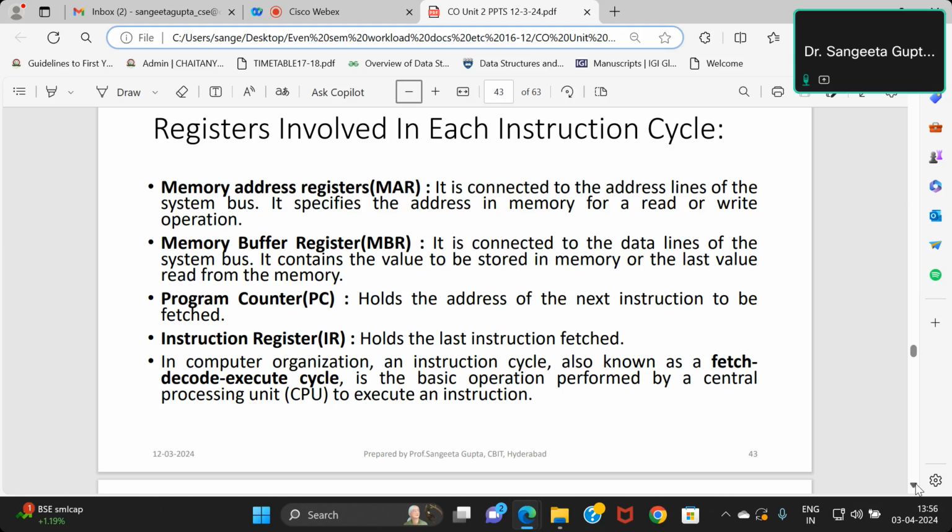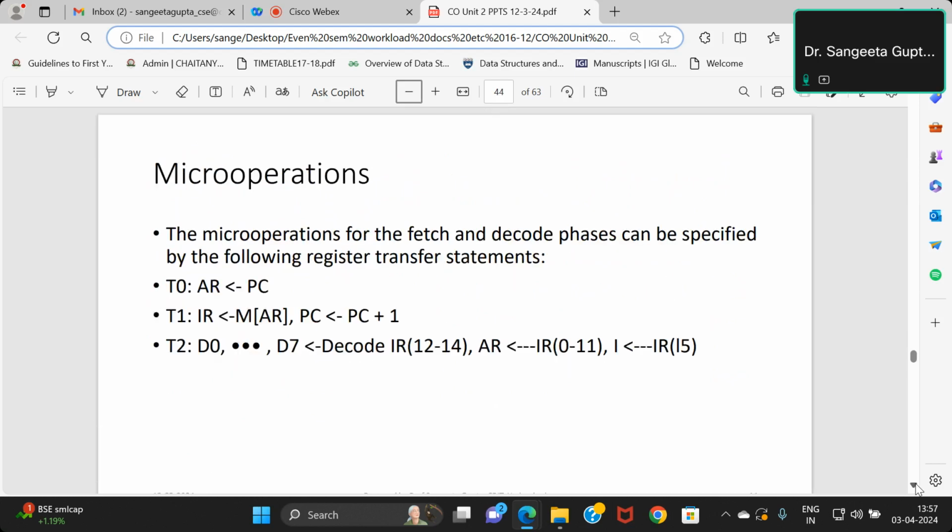And any instruction cycle is also known as the fetch, decode, and execute cycle. This is an alias for the instruction cycle.